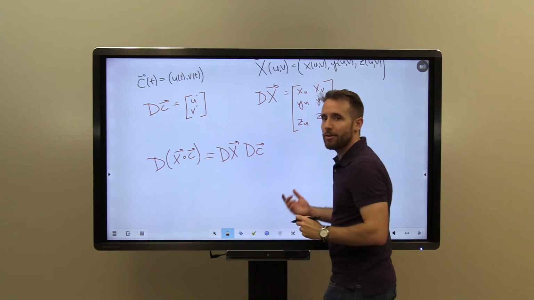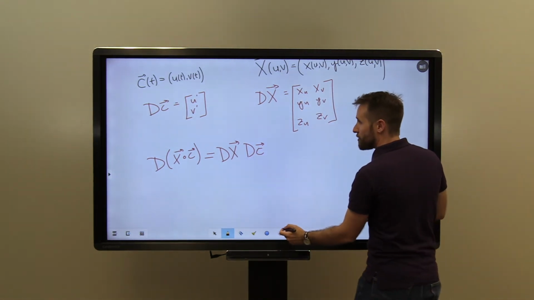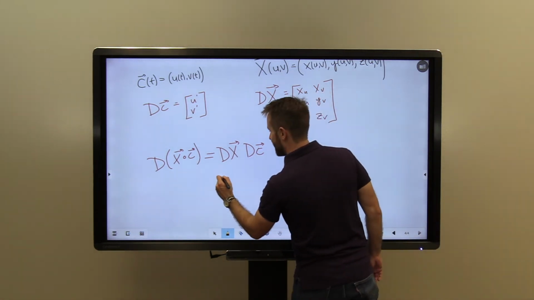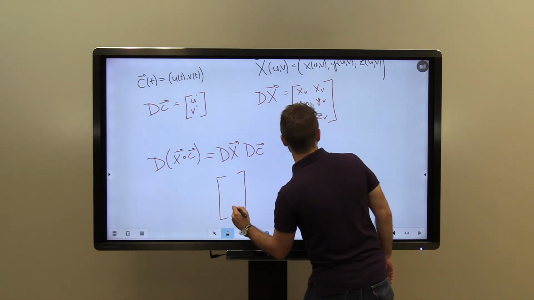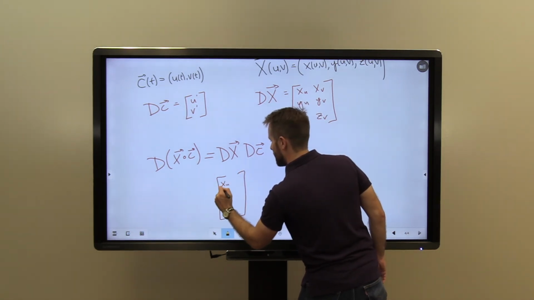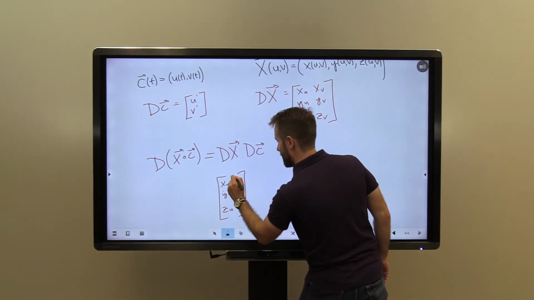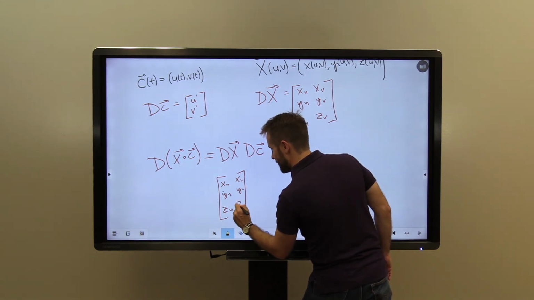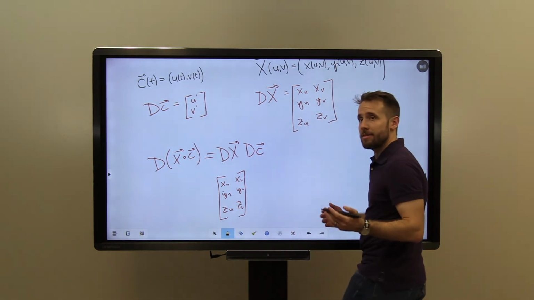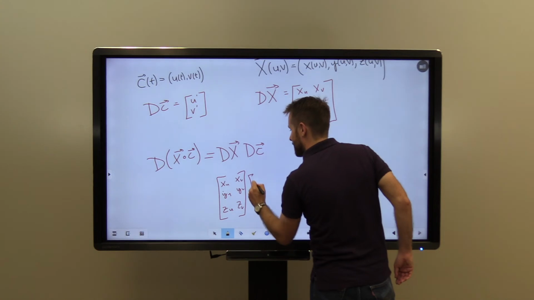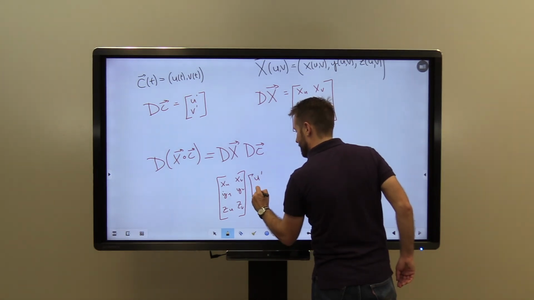Where we're doing matrix multiplication here. So let's write those down. So we've got dx, this is our tall matrix here, x sub u, y sub u, z sub u, x v, y v, z v, times dc, which is just u prime, v prime.